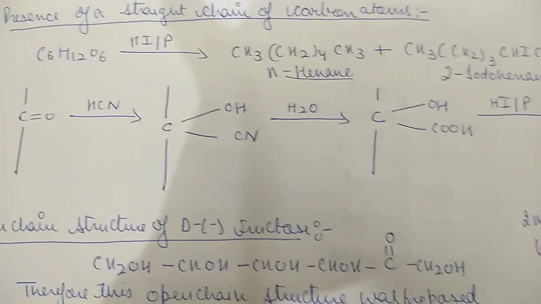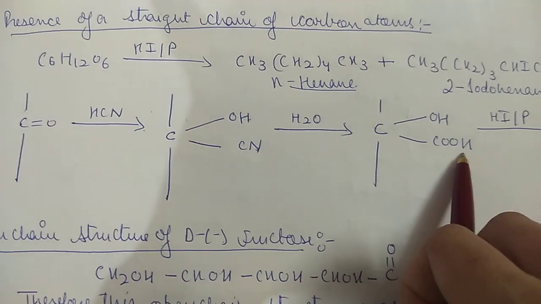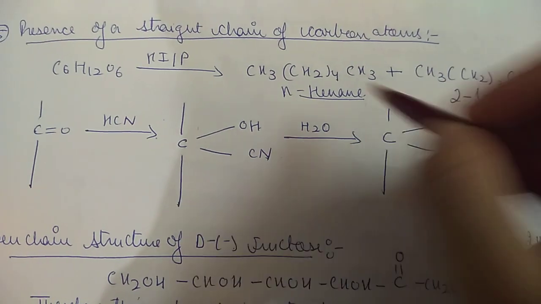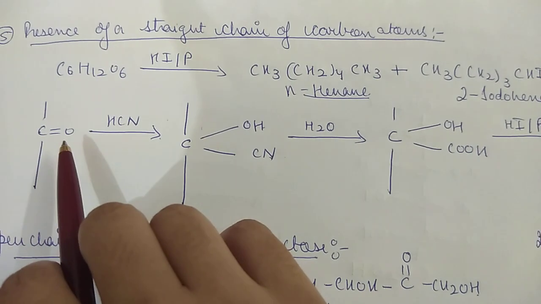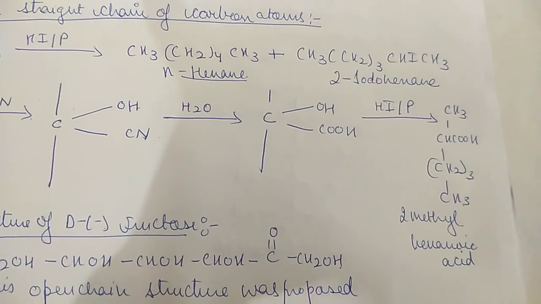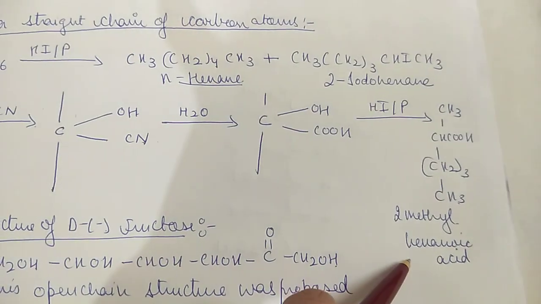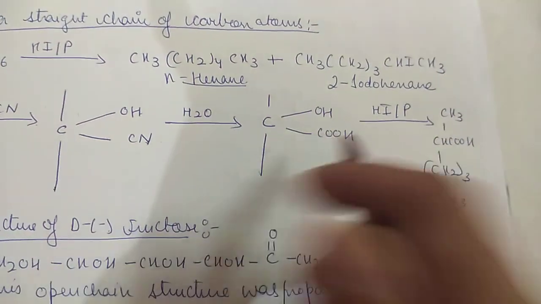We all know that CN on complete hydrolysis gives us acid. So this also establishes that the C double bond O group is present. Then further, if you react it with HI and phosphorus, we get 2-methyl hexanoic acid.